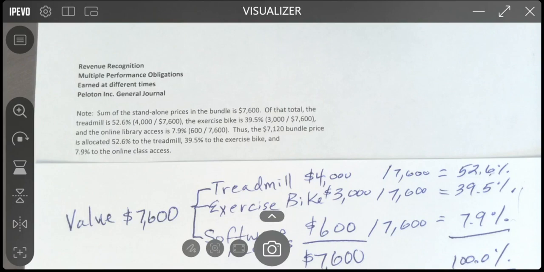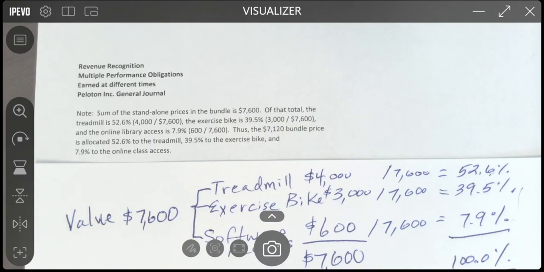Of that total, the treadmill is 52.6%, the exercise bike is 39.5%, and the online library access is 7.9%. Thus, the $7,120 bundle price is allocated 52.6% to the treadmill, 39.5% to the exercise bike, and 7.9% to the online access, class access.